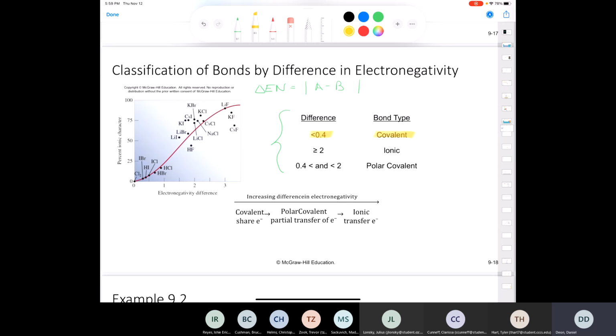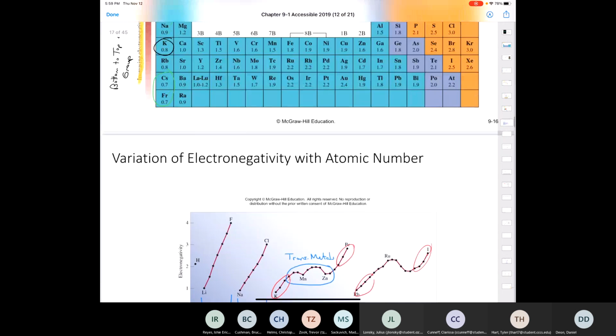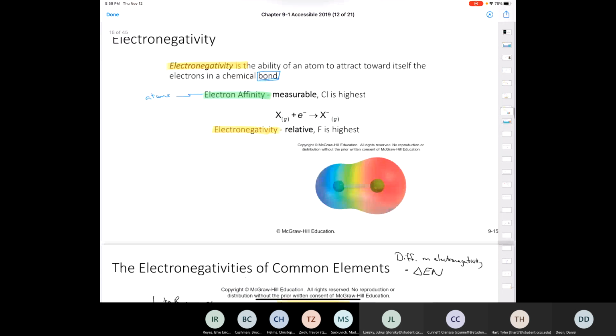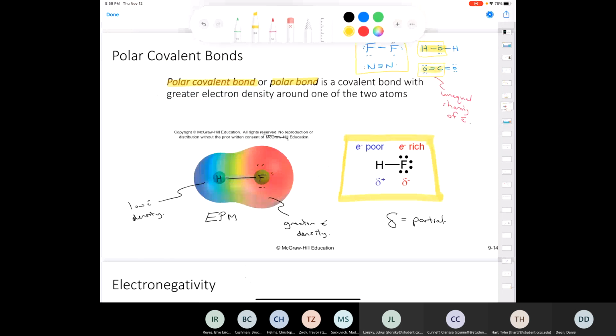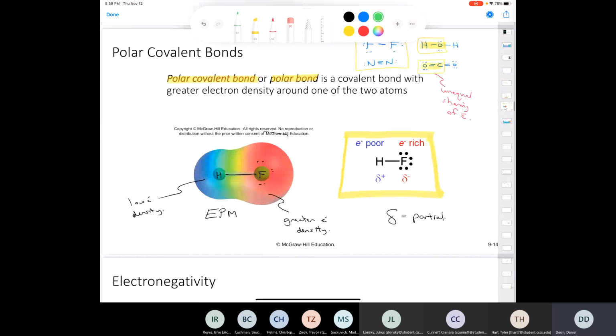Whereas once we get above 0.4 and below 2, we say that the bond is covalent, but polar covalent. What does polar mean? Polar, remember, was when we have an unequal sharing of electrons.